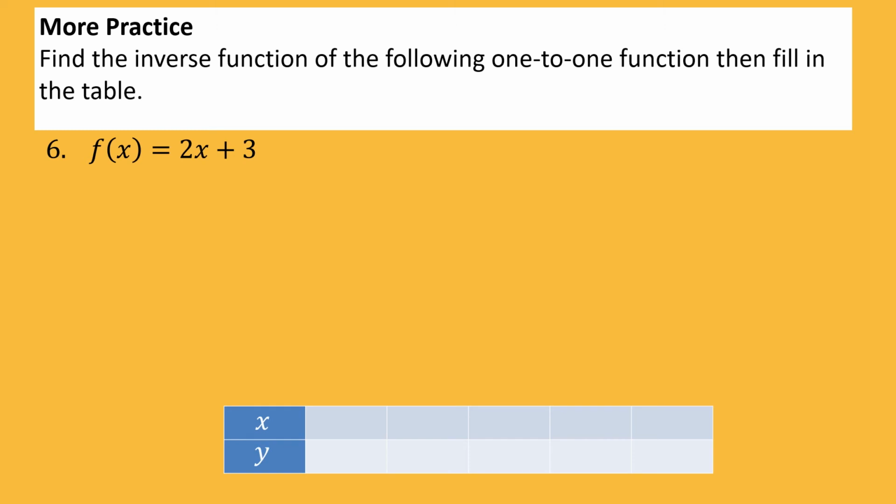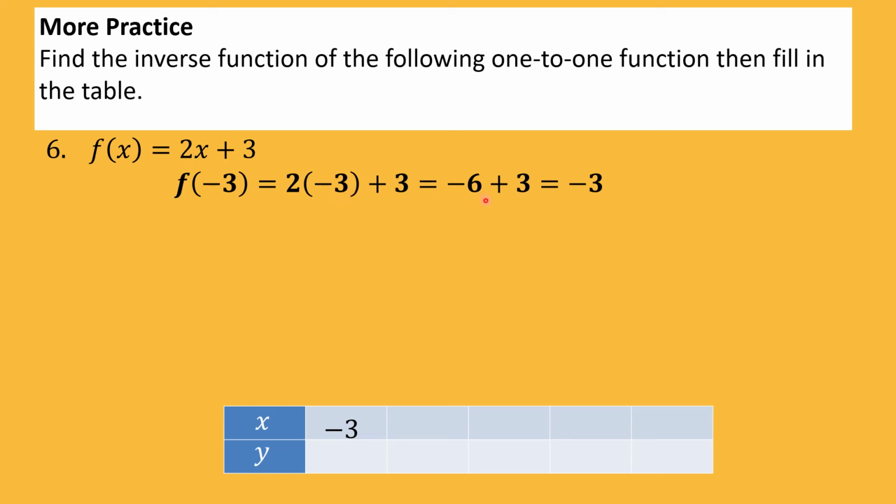Gamit muna itong ating original function at mag-a-assign ako ng values kay x which is negative 3. I will solve for negative 3. So, f, gamit ang original function, f of negative 3 which is our x is equal to 2 times the negative 3 plus 3. So, pinalitan ko lang, nag-substitute lang ako sa x ng negative 3.